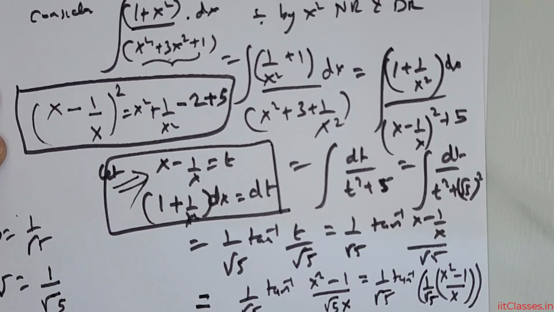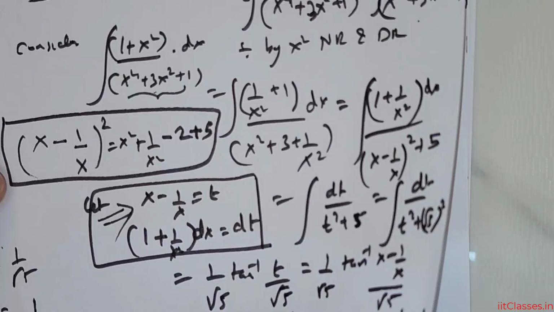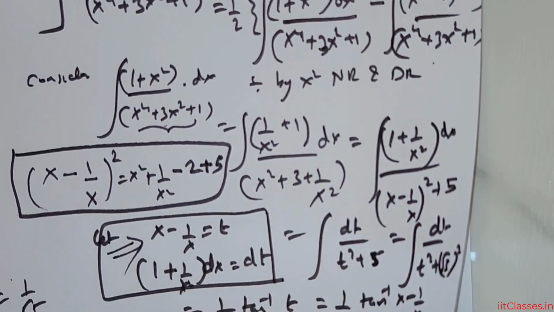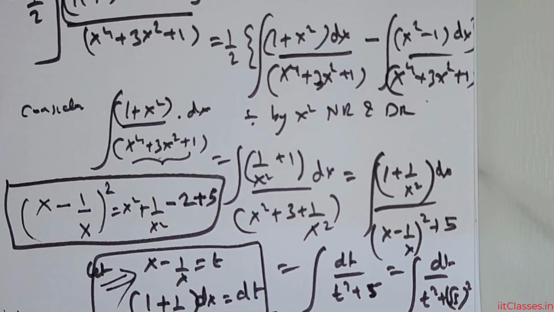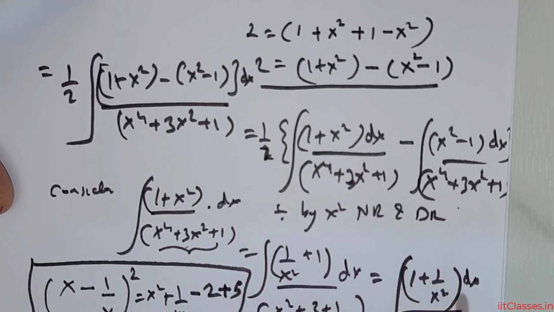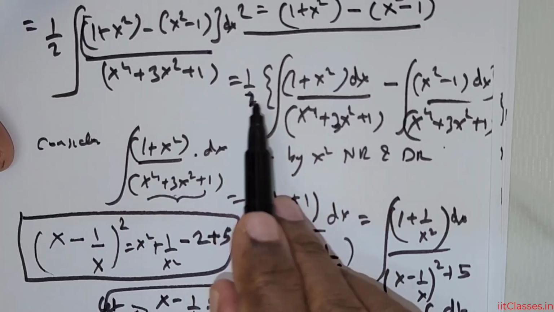Okay, fair enough. I think we'll proceed. So now we will consider this component. Now there is one more thing we need to take into account. What is that? You have 1 over 2. That's the reason I was paying attention a little bit extensively. You have this 1 over 2 coming here.